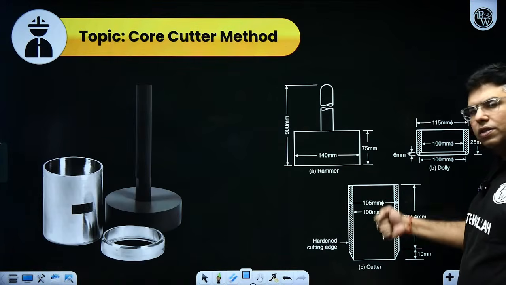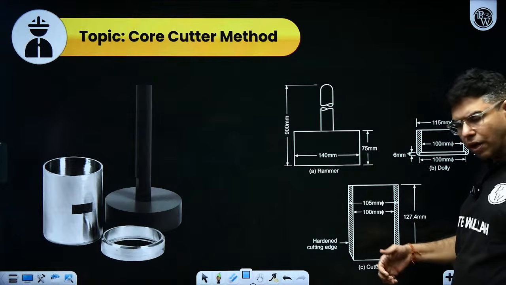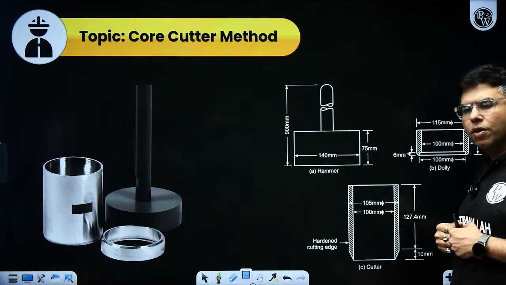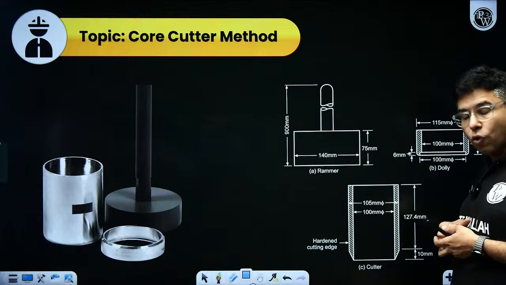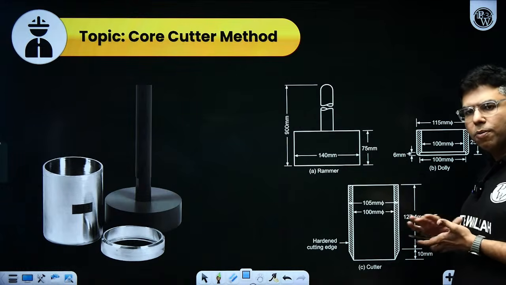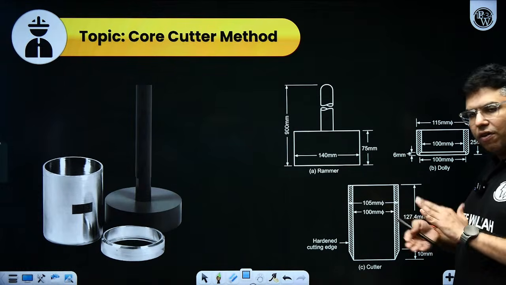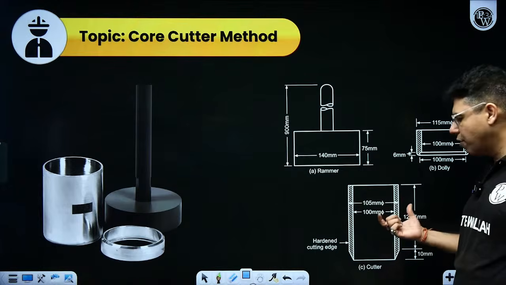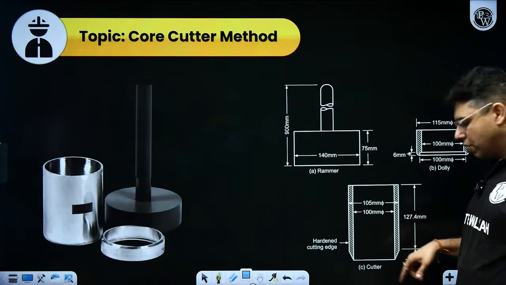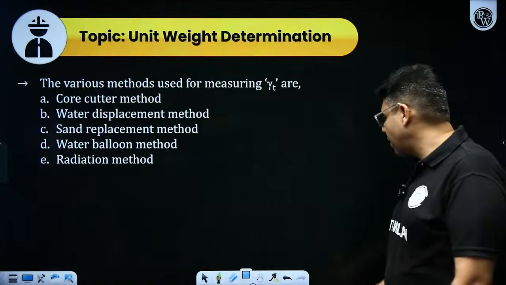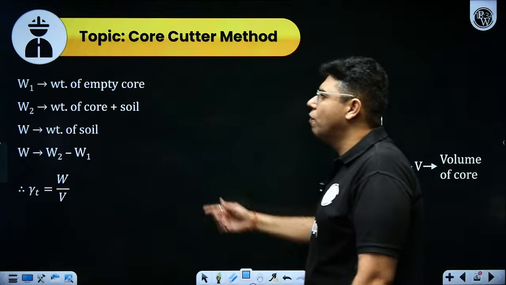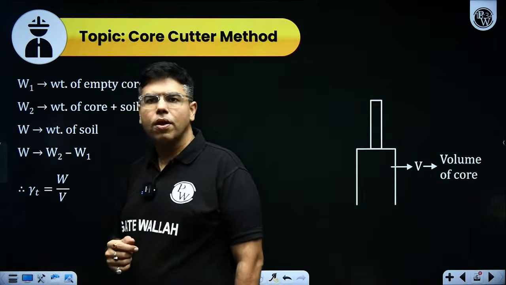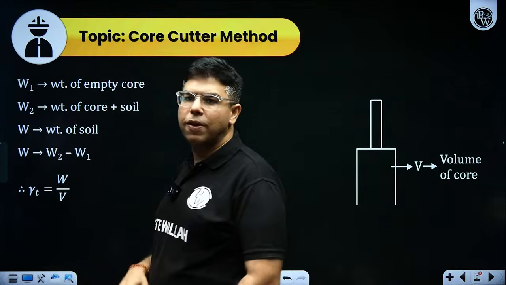So, you will insert the core inside the soil and you will excavate and obtain this core with the soil, and this core will be filled with the soil. Then you will level both the surface and measure the weight of the core cutter with soil. So, first we will have the weight of the empty core cutter. W1 is the empty core and W2 is the weight of core plus soil.